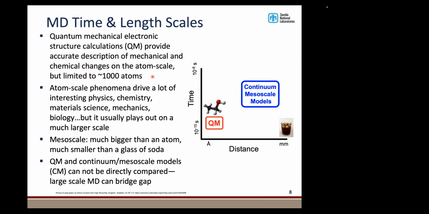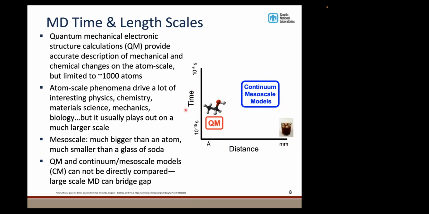And in order to look at interesting phenomena, you really need a larger scale. And so here's quantum mechanics, and this is on the order of angstroms, and then you have continuum or mesoscale models, which are on the order of millimeters to meters.